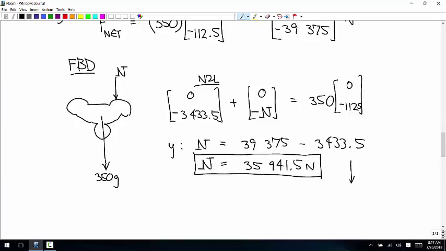Apply the weight force, and then look around the boundary for a contact, and the only contact is with the surface, and it's a pushing contact. And then we can calculate that in. That is a mass of 350 times 9.81. That's the weight force.